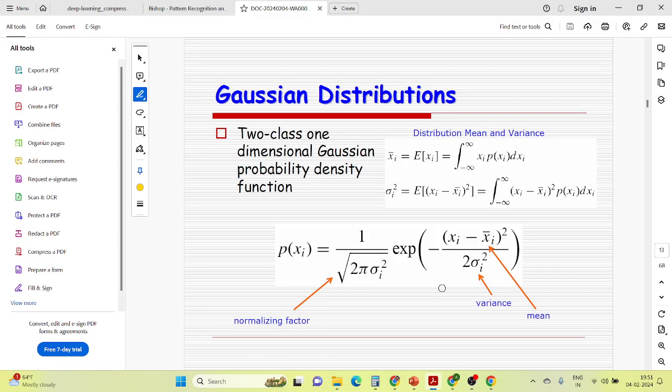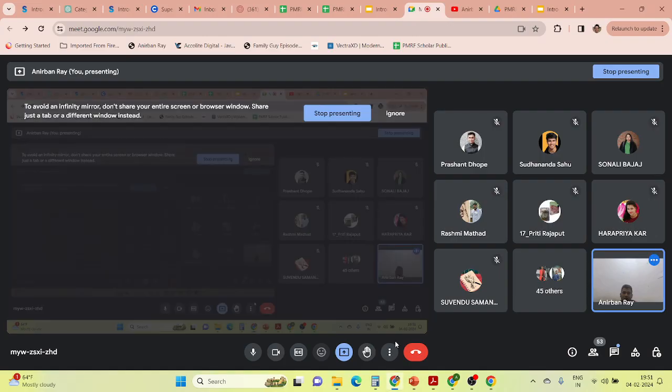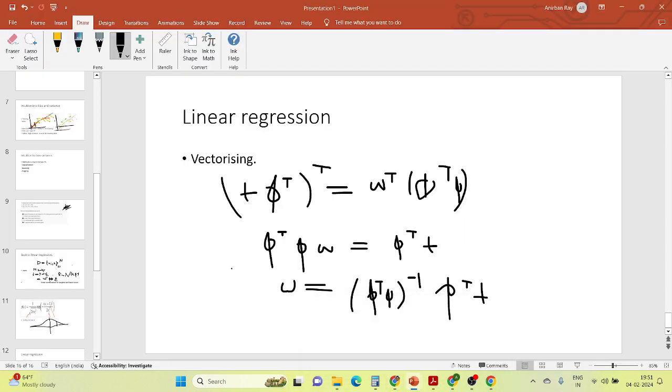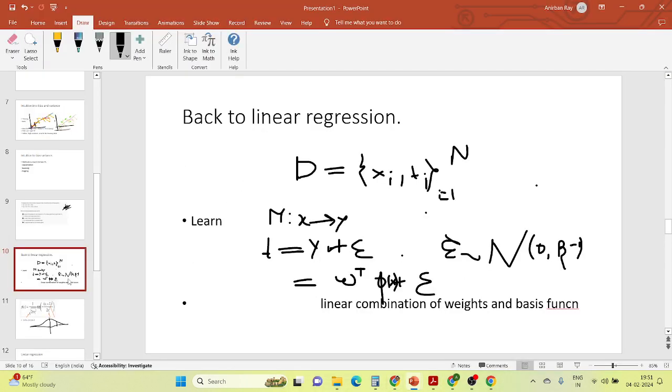And that beta inverse is called precision. What does it mean? Beta is equal to 1 by sigma square.